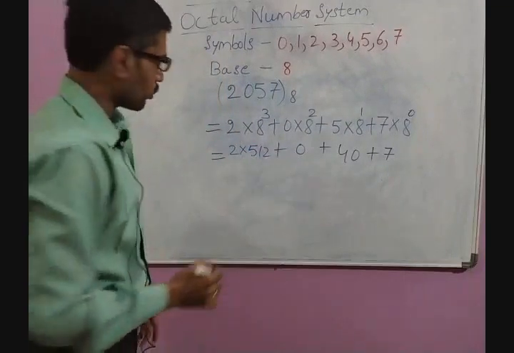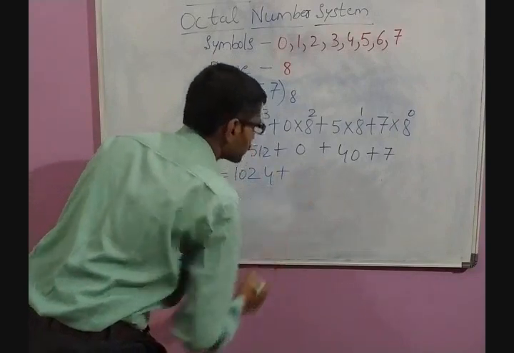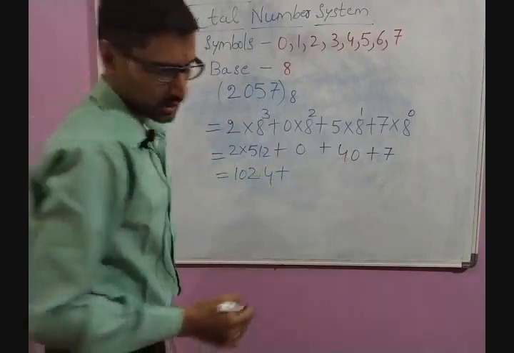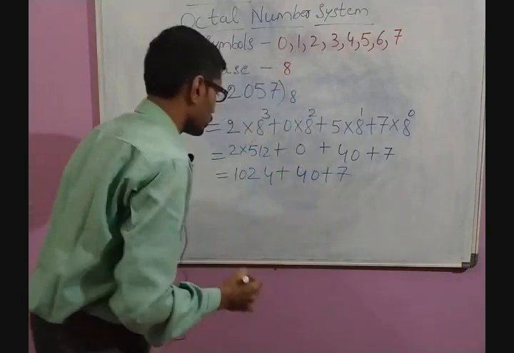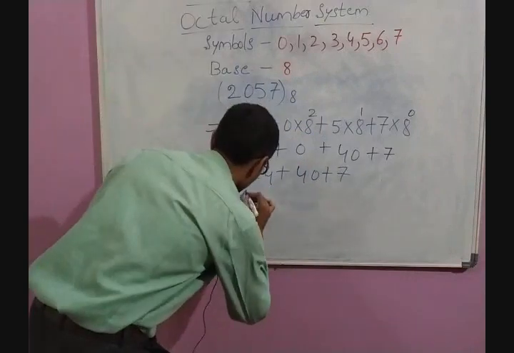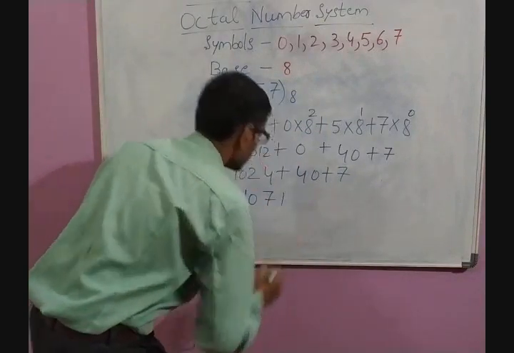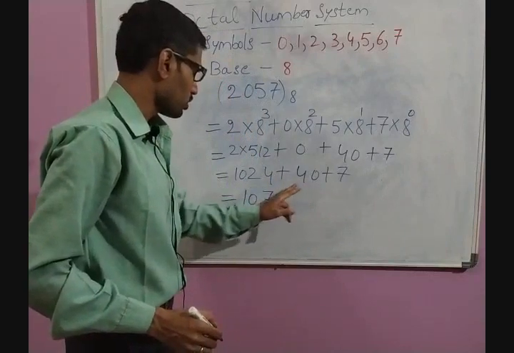So this will be equivalent to 1024 plus 40 plus 7. So 24 plus 40 will be 64, plus 7.